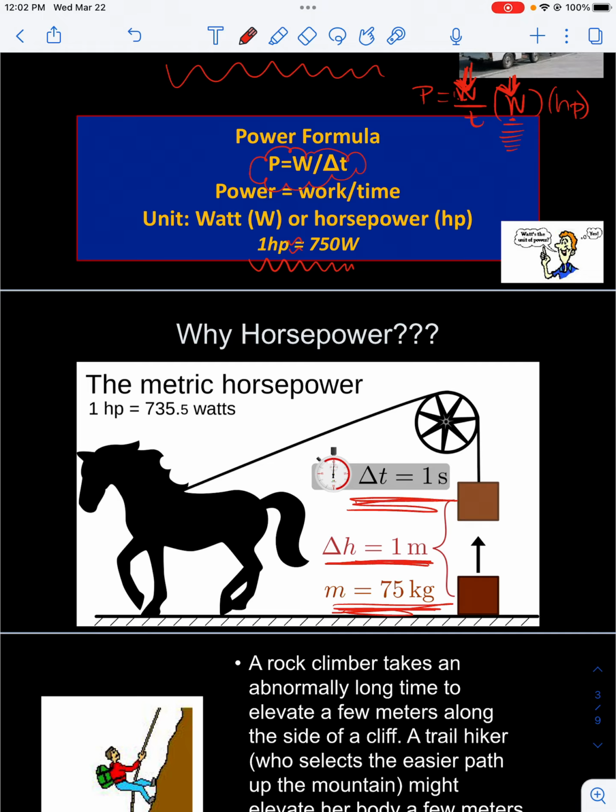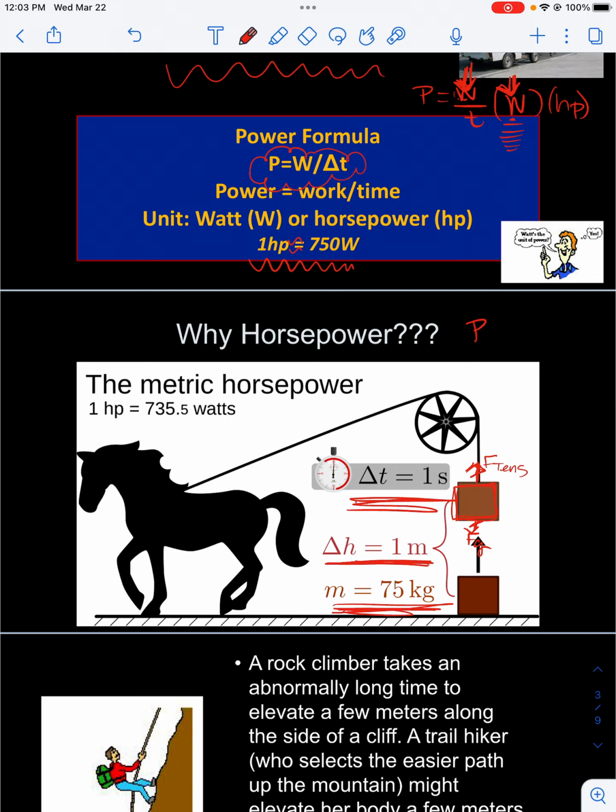Let's look at this box and draw the free body diagram. Gravity is pulling it down, and this is a tension force pulling the mass up. We can assume it's going at a constant speed, so these two are balanced.